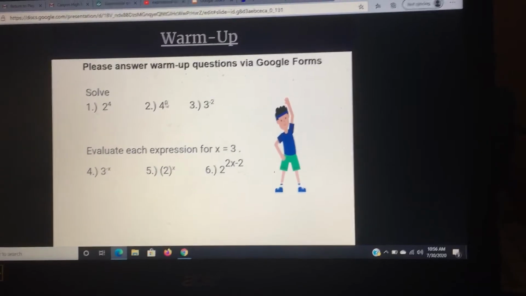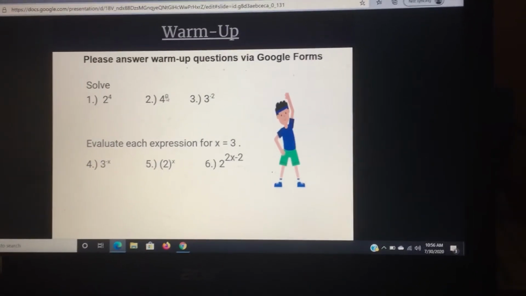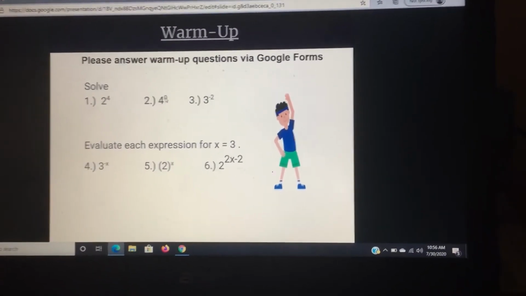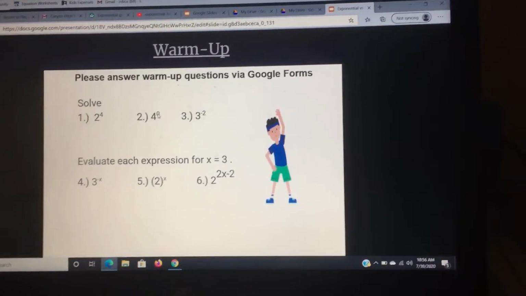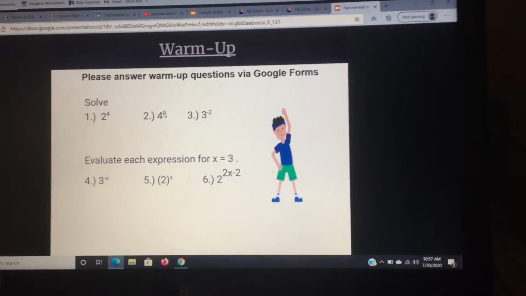when you have a number to a 0 power, what do you get? And if you have a number to a negative exponent, what do you do with it? Let's see if you remember how to do those.